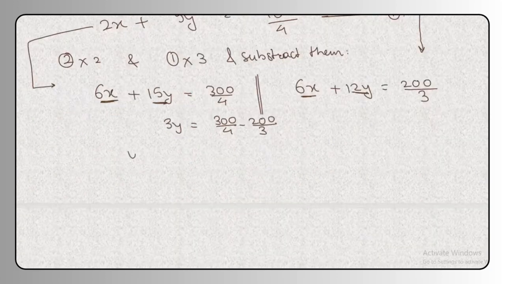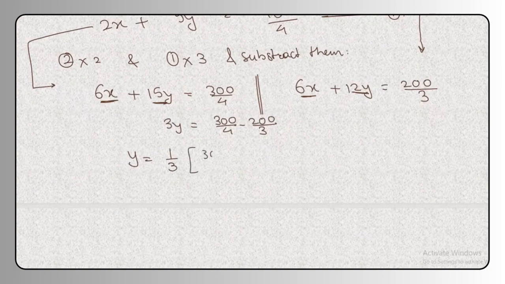Y becomes 1 by 3 times 300 upon 4 minus 200 upon 3. That should give me 100 upon 4 minus 200 upon 9.